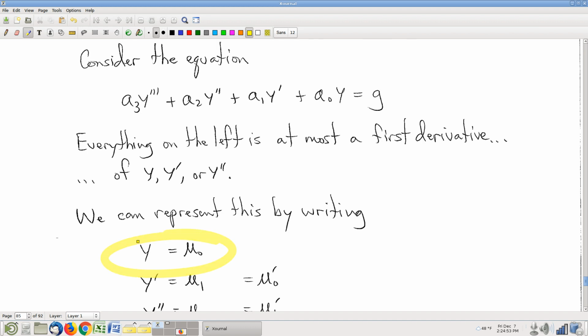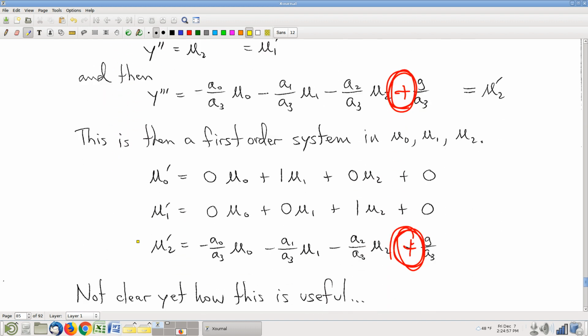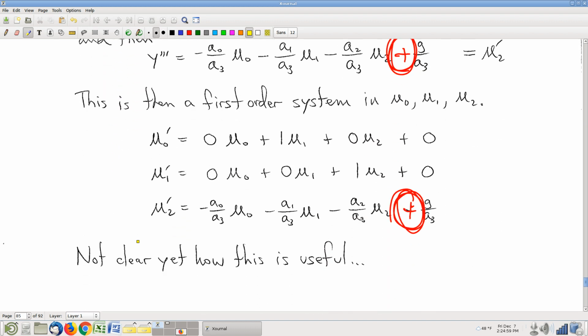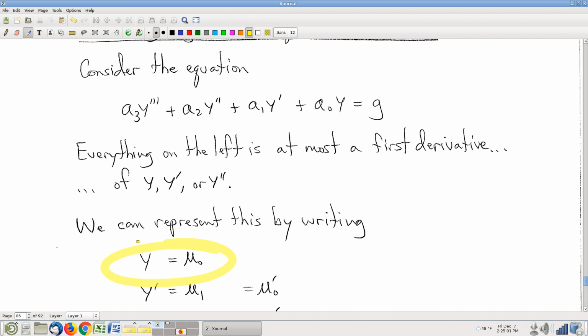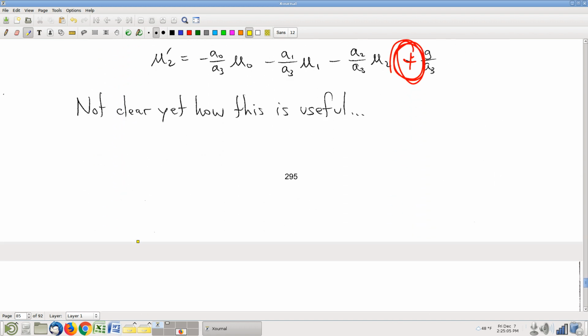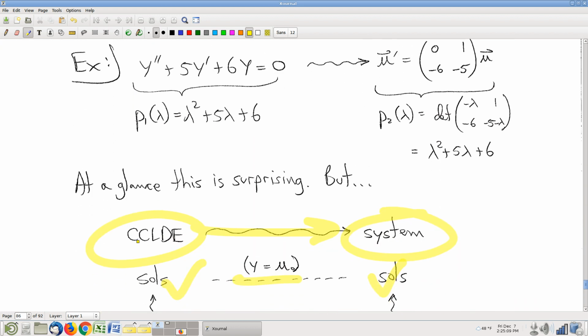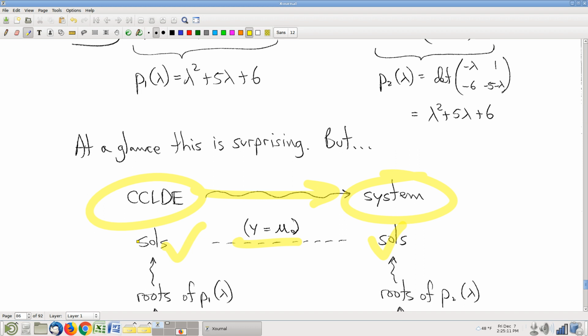The y is the u0. If you solve this system, the u0 is the y from that original equation. So said differently, they give you the same solutions. Okay. Well, wait a second. Where did the solutions come from? Think back to chapter 4. The solutions came from, by a certain construction, the roots of the characteristic polynomial.